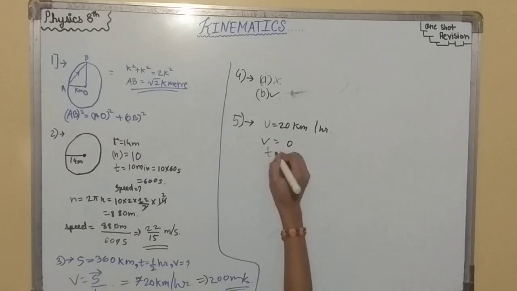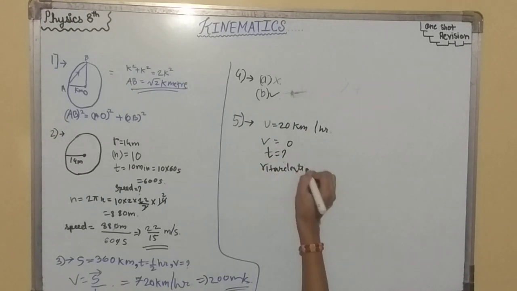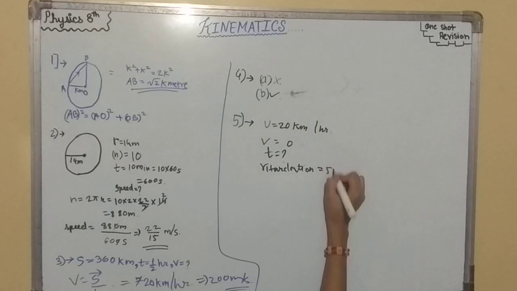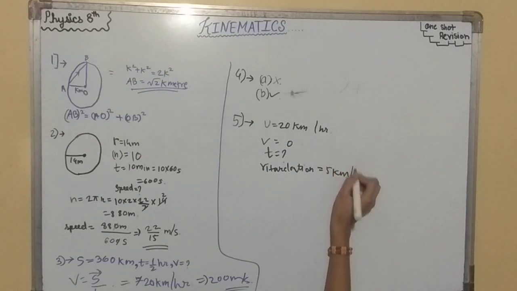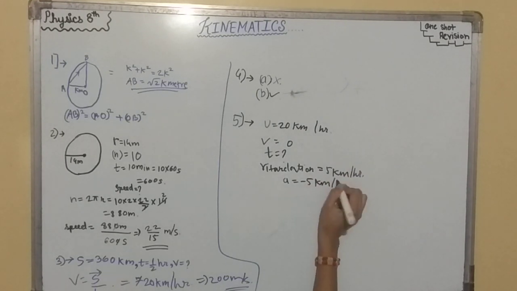T, time we don't know, retardation is equal to 5 km per hour square. Acceleration is equal to minus 5 km per hour square.